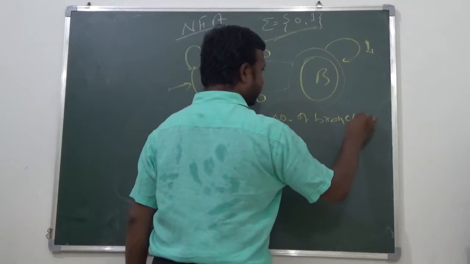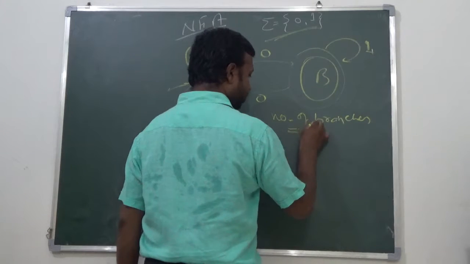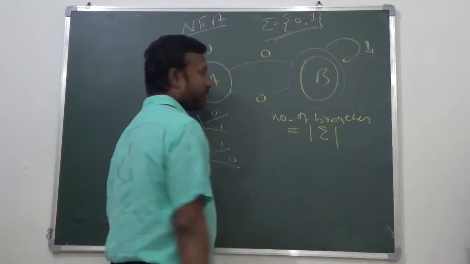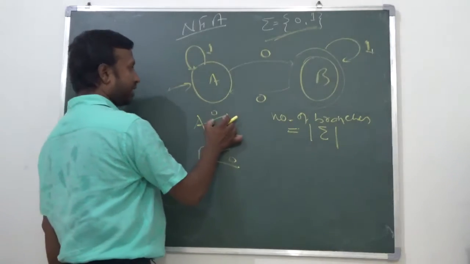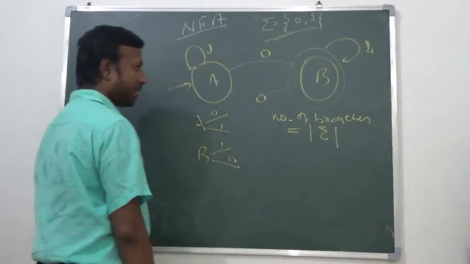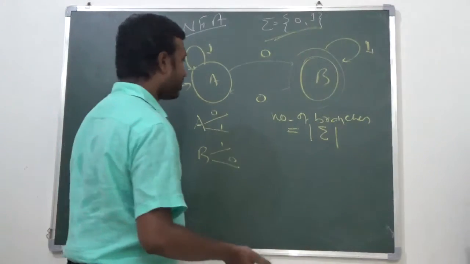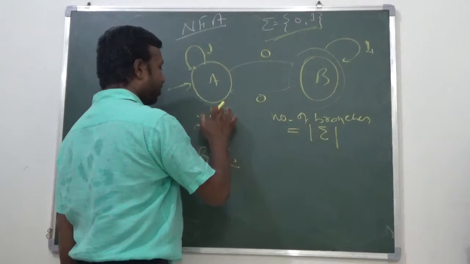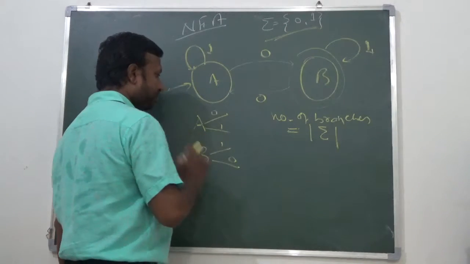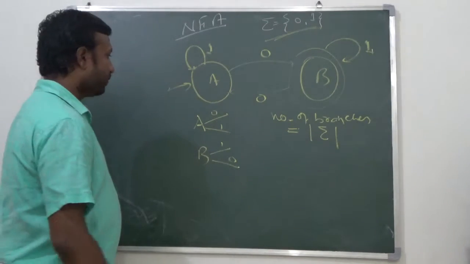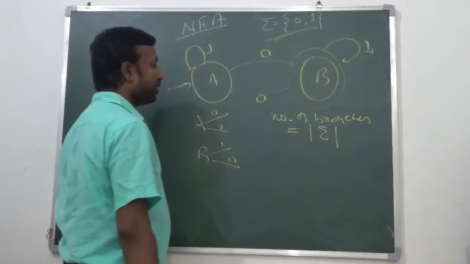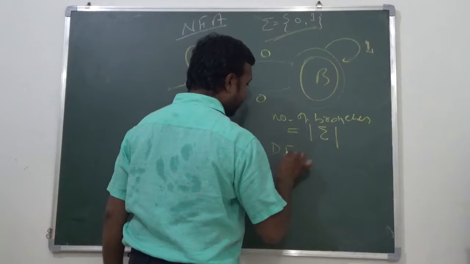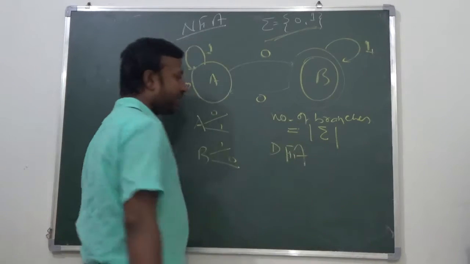The number of branches must be equal to the length of the alphabet, and each branch is for one symbol, meaning for this symbol we are not getting any other branch. So this automaton is a DFA.